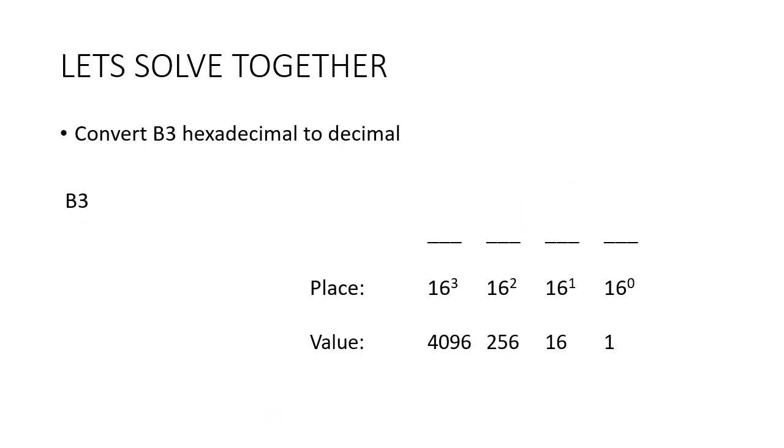All right, so now we're going the other way. We're converting hexadecimal to decimal. So what we do is we plug in the values like so. Okay, so we have a B in the 16th place and a 3 in the ones place. The value of B is, as you should know now, 11. So we're saying 11 multiplied by 16 is going to be 176.